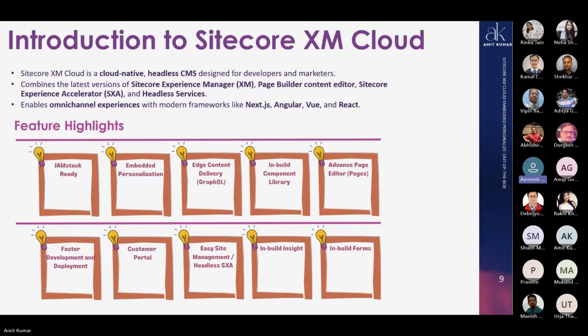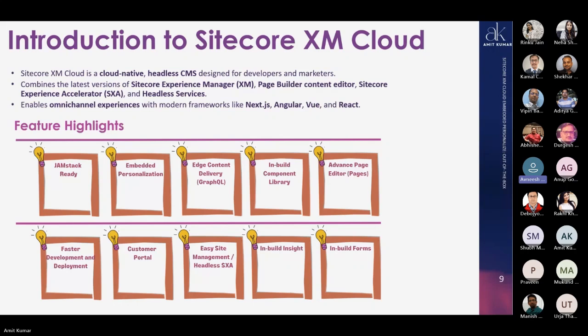Here, developers can build fast, dynamic digital experiences, while marketers can easily manage and optimize content without relying on software developers for every change. We can see the feature highlights. Jamstack Ready: it supports modern web development with fast, secure, and scalable architecture.